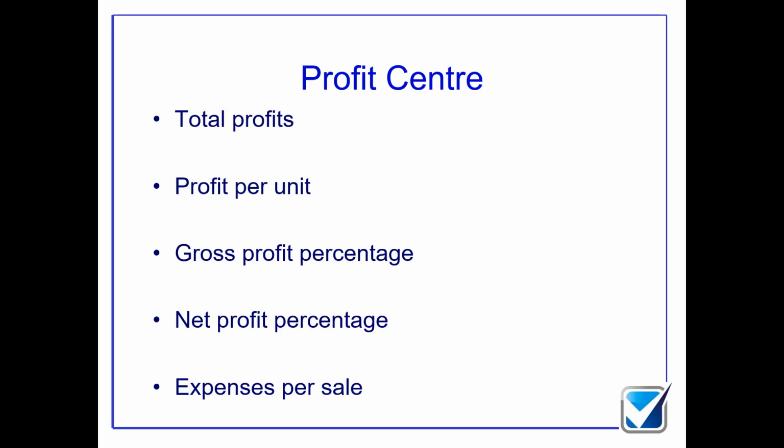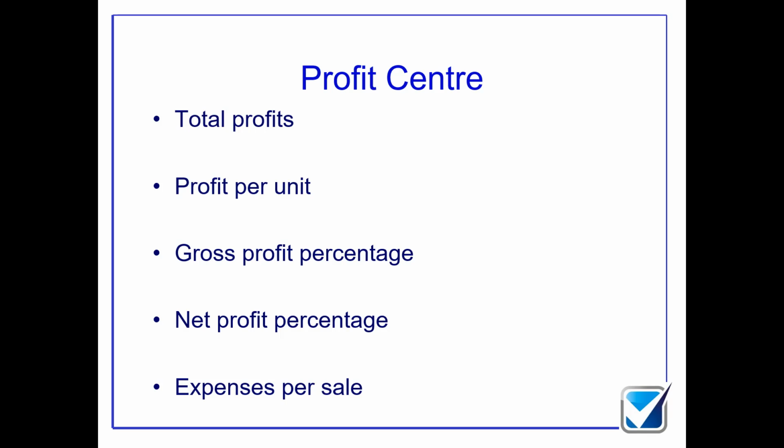So this is profit expressed as a percentage of sales or turnover, so total revenue or total sales. I can also be looking at costs per sale, which actually comes back to my unit cost per sale, which I was looking at within my cost center as well.